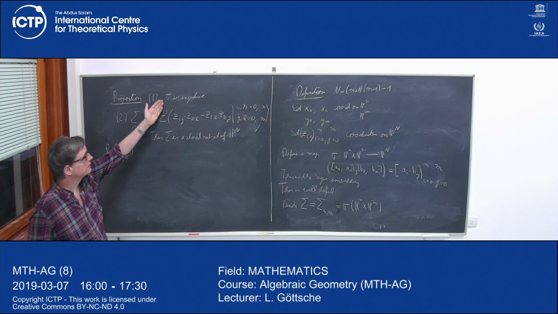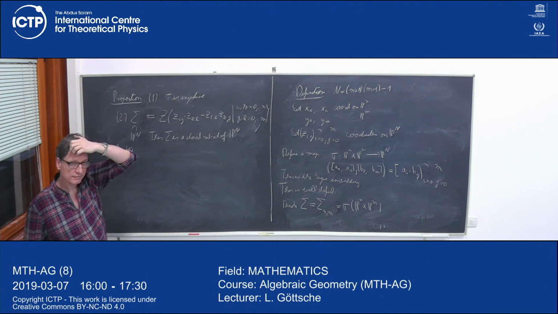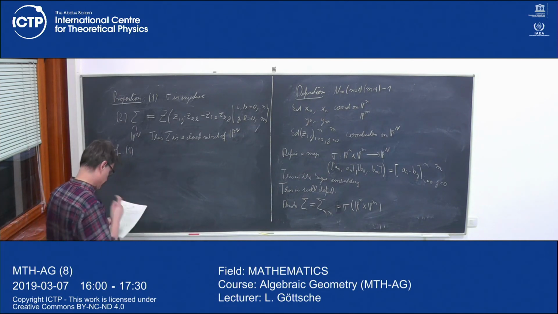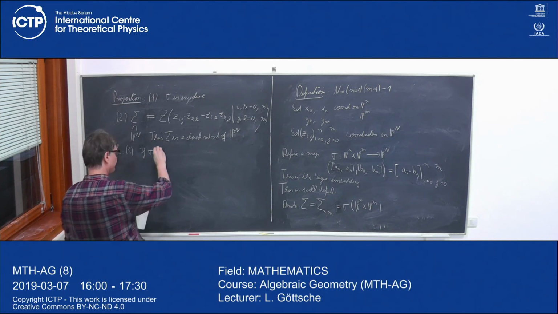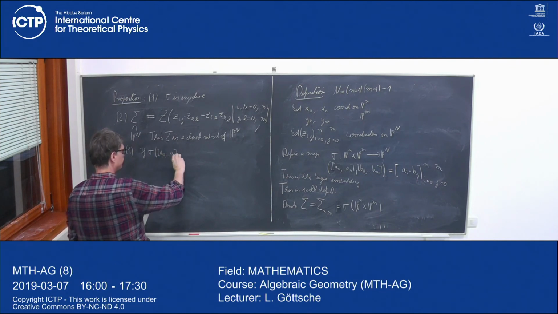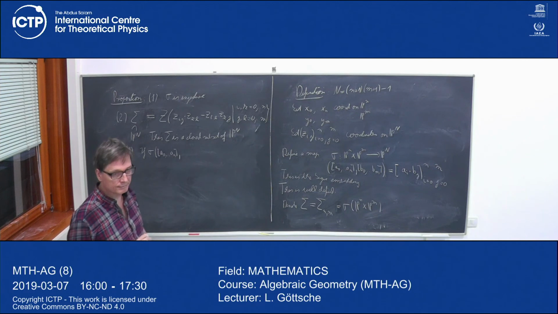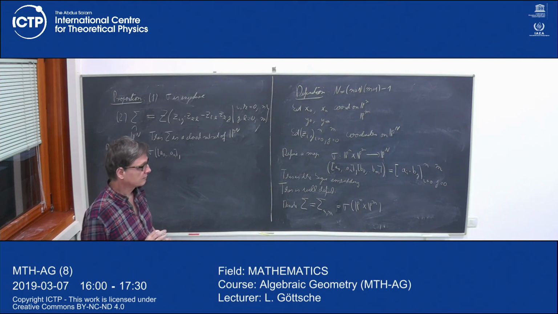So we have to see that if two things are mapped to the same point, then they were already the same. But first, this will define it, because we can get the zero point of the map itself.